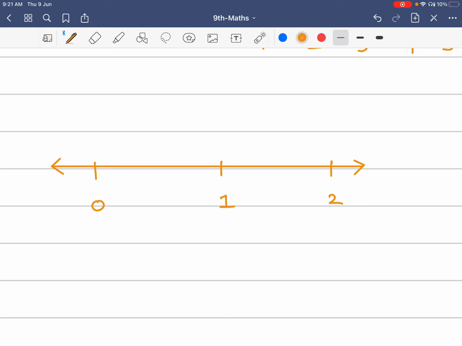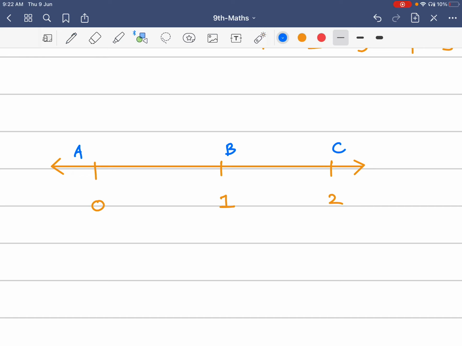So first let me give names to these points. Let's call this A, let's call this B, let's call this C. So the line AB is of length 1. I'm going to construct another line, let's say BQ, which will also be of length 1. So that is an additional construction I'm doing.